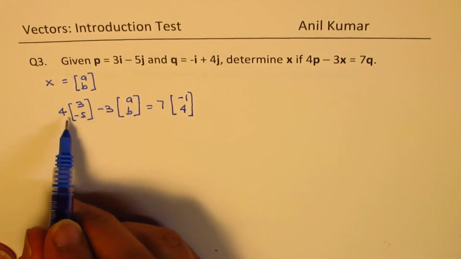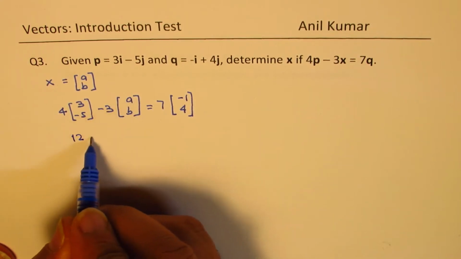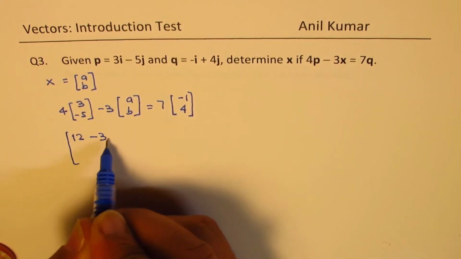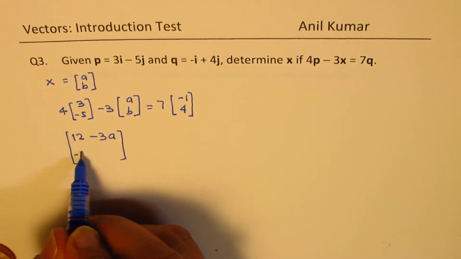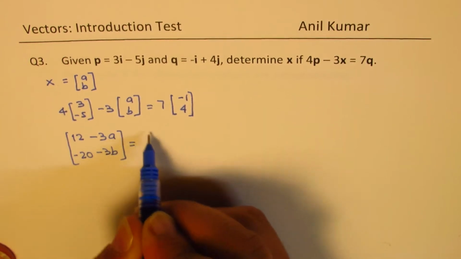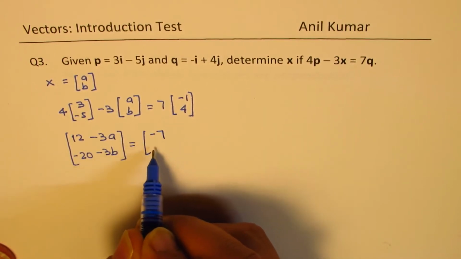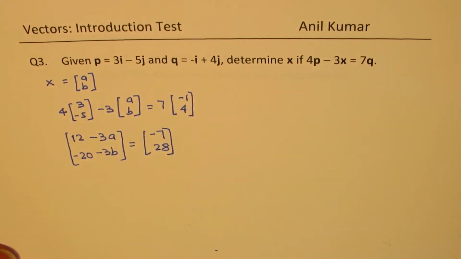So that gives you 4 times 3 is 12 minus 3a, and 4 times minus 5 is minus 20 minus 3b, equals minus 7, 28. Clear? So from here we actually get two equations.